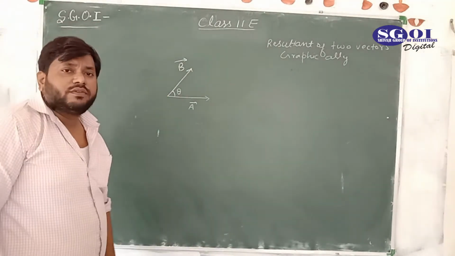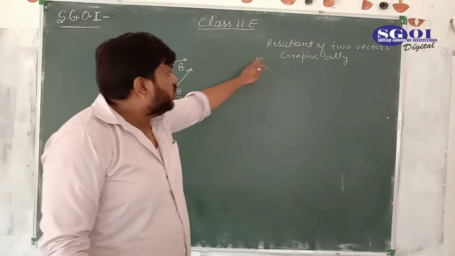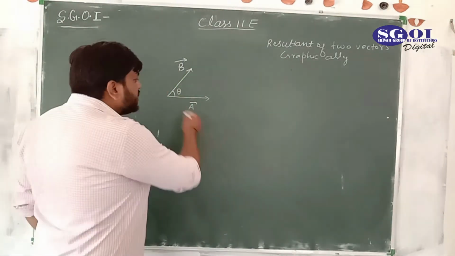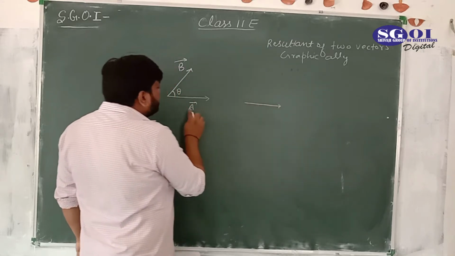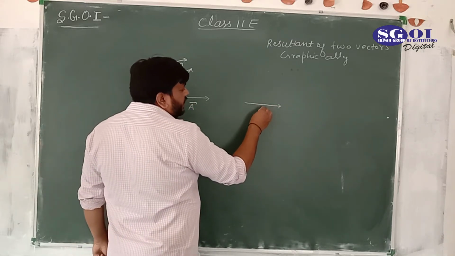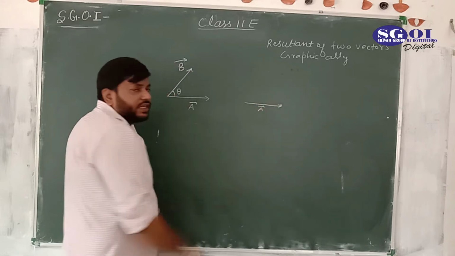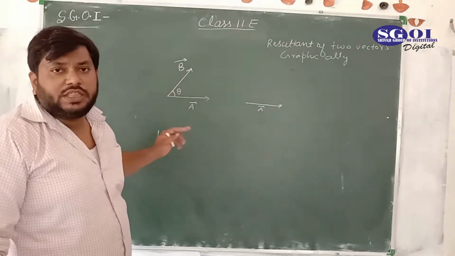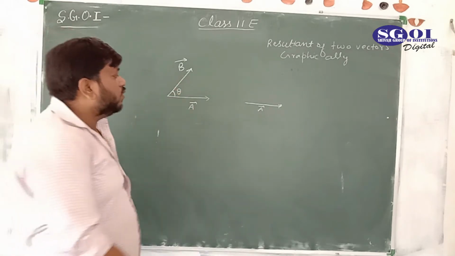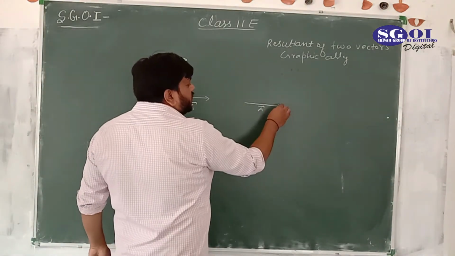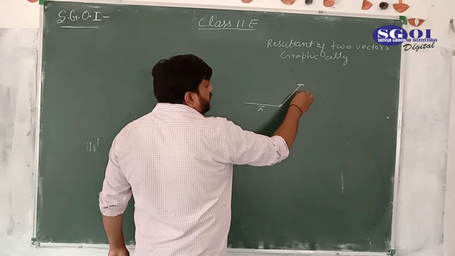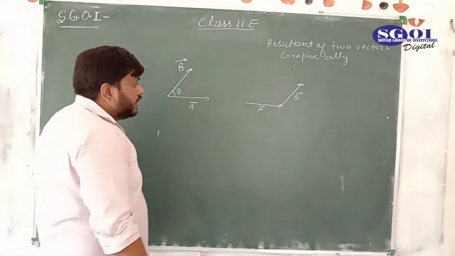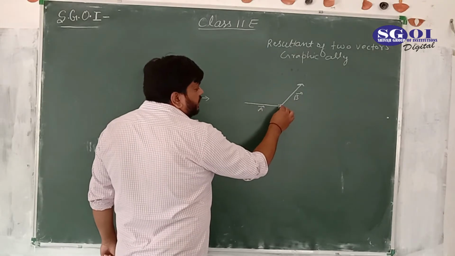So what we do graphically, just draw the figure graphically. Let's start with the first vector. As I told you, this is the vector A, and from the head of this vector we would draw the vector B in the same direction and the same length. So this is in this direction, so I am going to draw vector B. This is vector B, and the angle between A and B is theta.